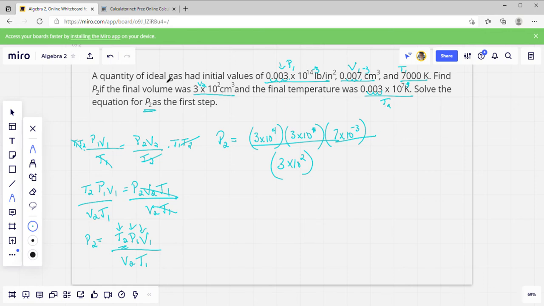And then my T1 is 7, so 7 times 10 negative 3. Okay, I got the wrong value up top here. That was supposed to be volume 1, not temperature 1. So that's, oh, it is the same thing. 7 times 10 to the negative 3rd. This will be 7 times 10 to the positive 3rd.